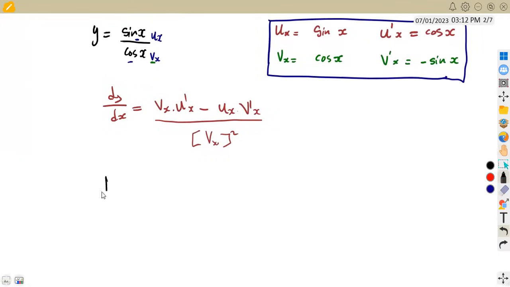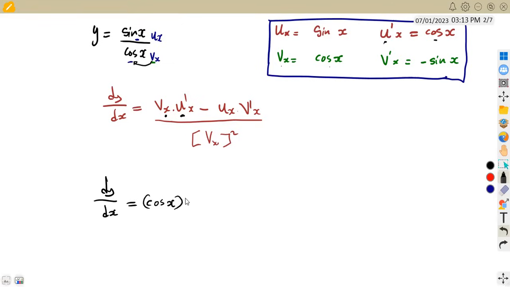So therefore, we can say that our derivative of y with respect to x is equal to v(x), which is cos. From this part, we said v(x) is cos. So we are going to have the cosine of x multiplied by the first derivative of u, which is also cos x.